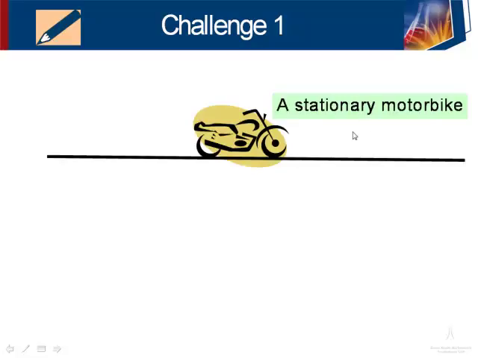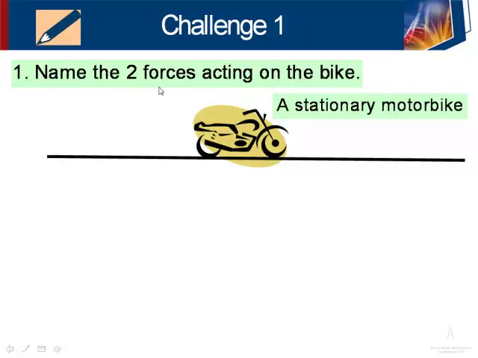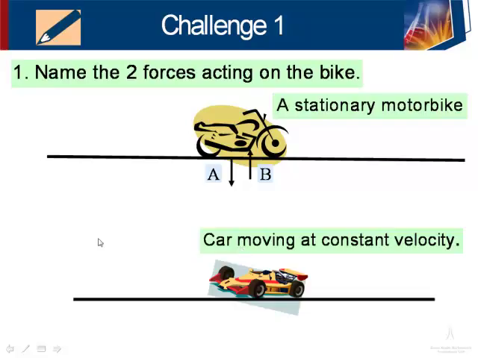We're now going to look at challenge 1 and look at the different types of forces. Firstly, we're going to look at a stationary motorbike, and we want you to name the two forces acting on the bike: A downward and B upward. Question 2 is looking at a car moving at a constant velocity. Remember, constant velocity, there's no acceleration.